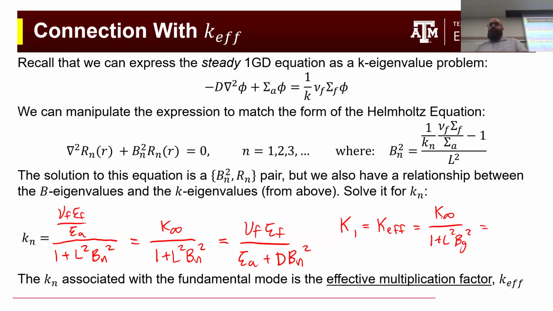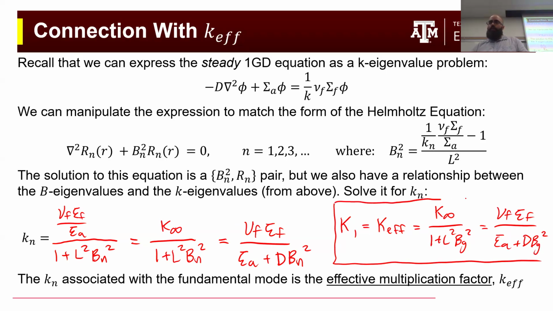That is also the same as writing nu f sigma f over sigma a plus the diffusion coefficient times BG squared. So these are our one group diffusion approximations for K effective.